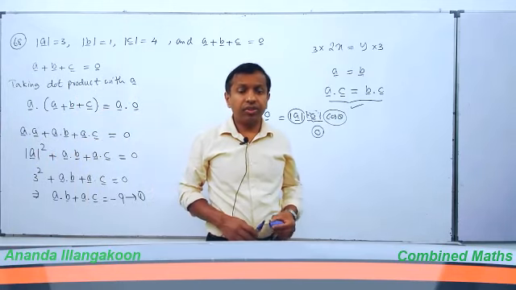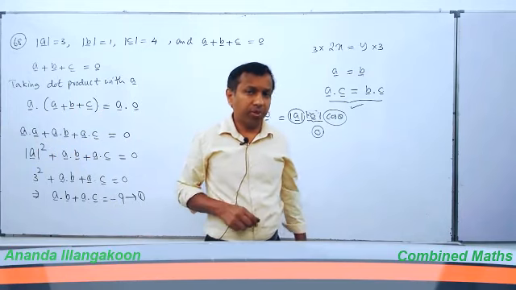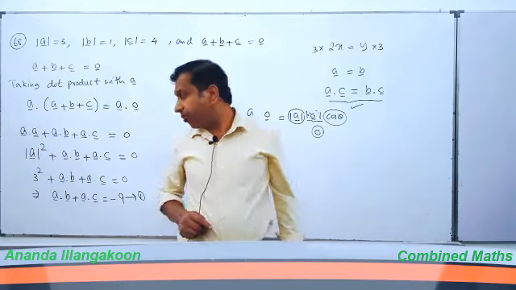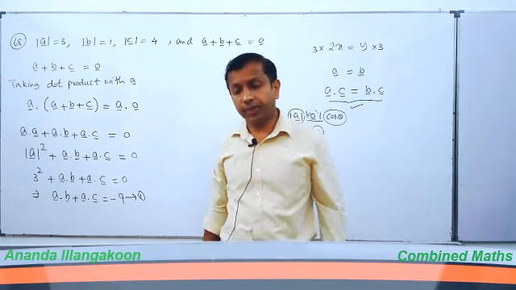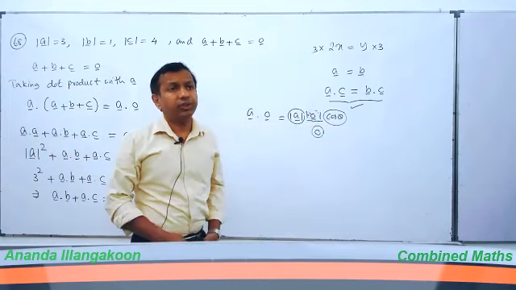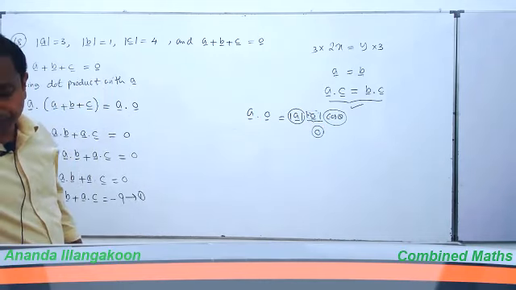Then, naming them as 1, 2, and 3, you can add them up. Once you add them up, you will get this answer. I'll give 5 minutes. Try to get this answer.